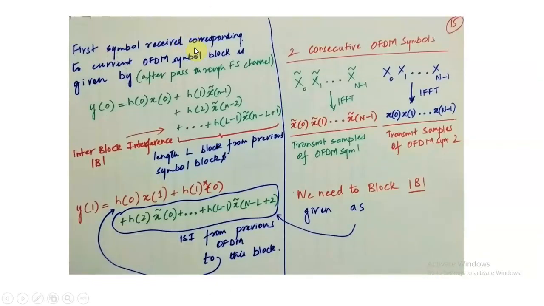The first symbol received corresponding to the current OFDM symbol block, after passing through the frequency selective channel, would be y0 equal to h0 into x0 plus h1 into x tilde n minus 1, which is the previous symbol of the previous block, plus h2 into x tilde n minus 2, and so on up to hl minus 1 into x tilde n minus 1 plus l.